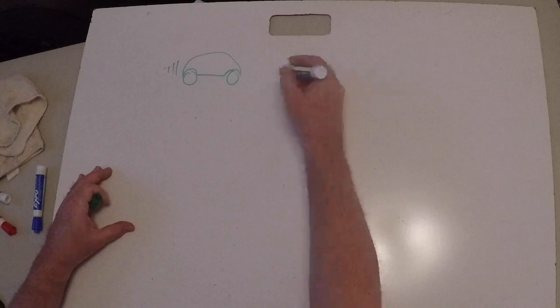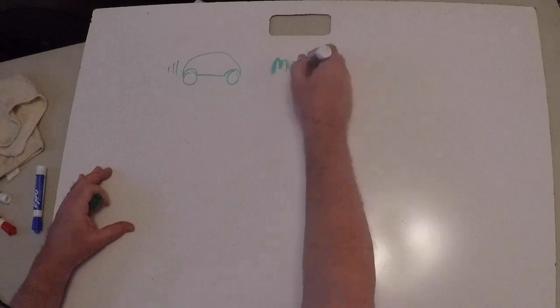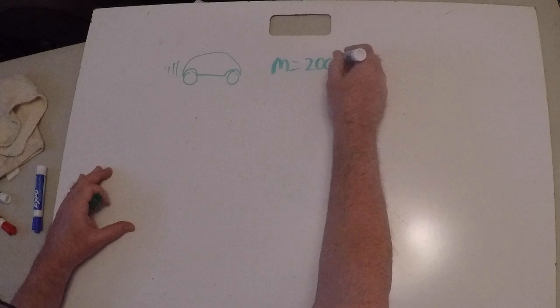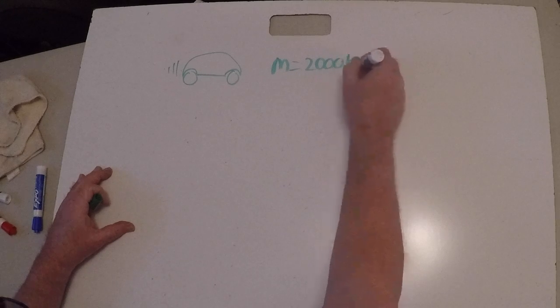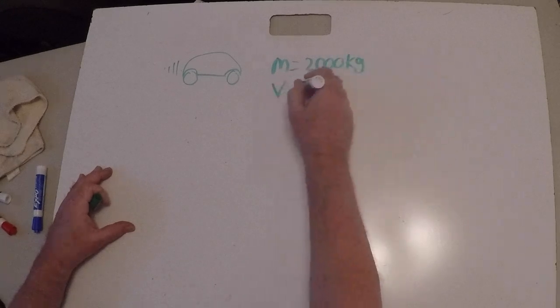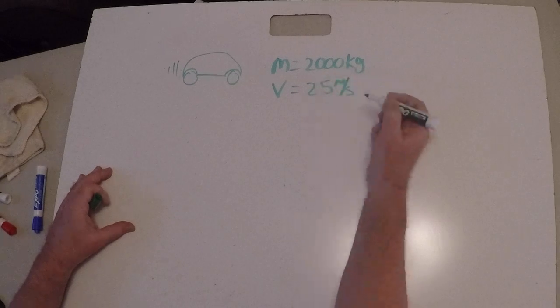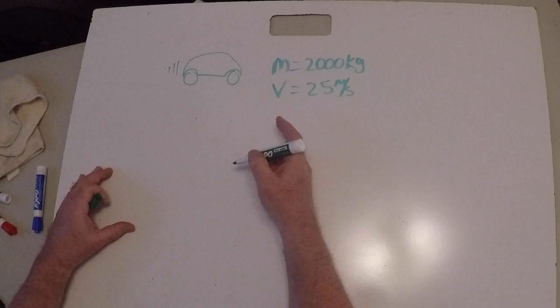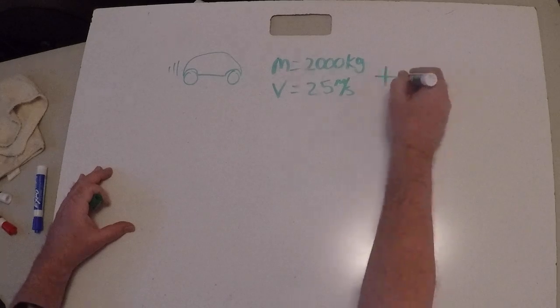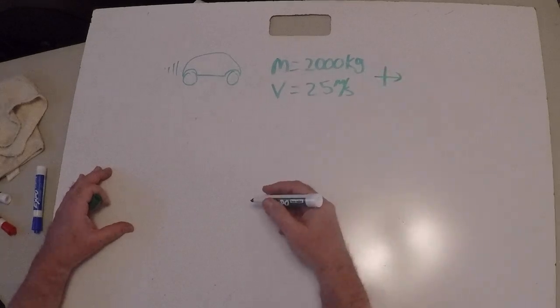We're going to say that the mass of this car is 2,000 kilograms, and it is traveling at 25 meters per second. Since it's going to the right, we're going to establish to the right as our positive direction.